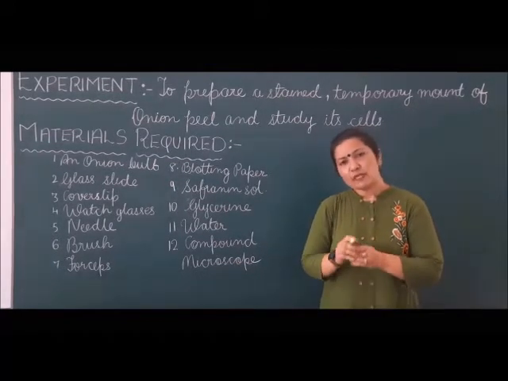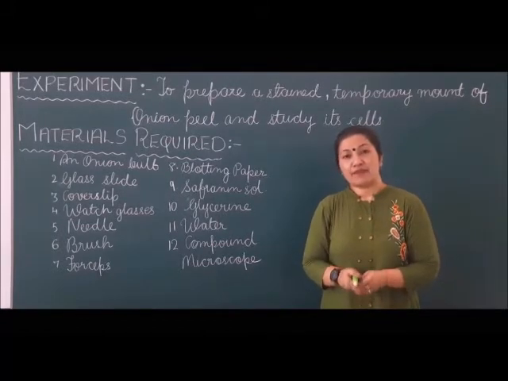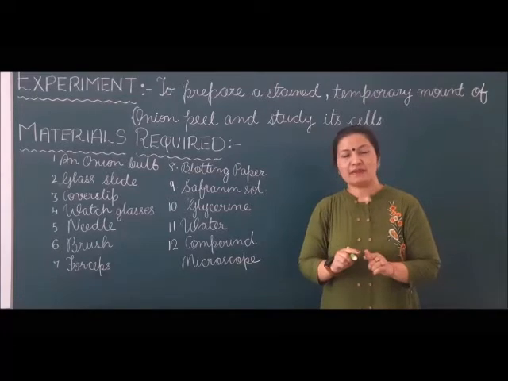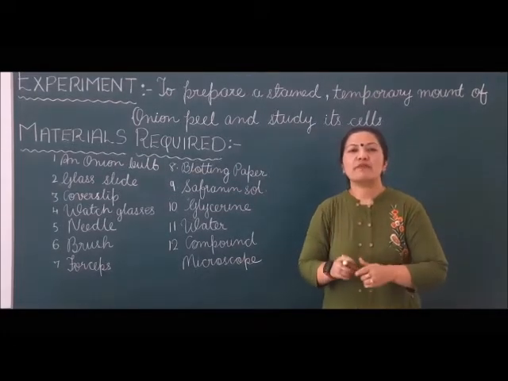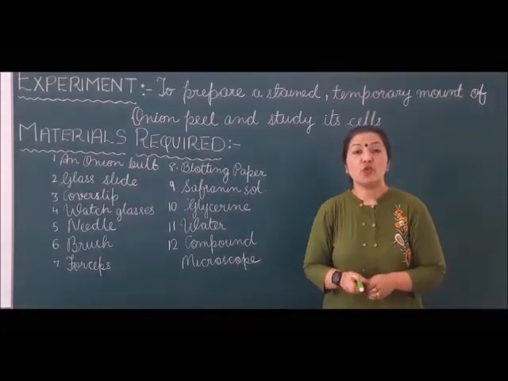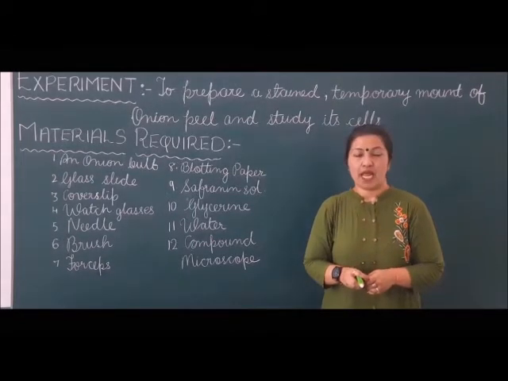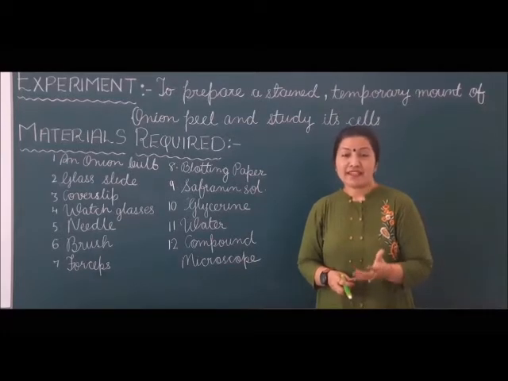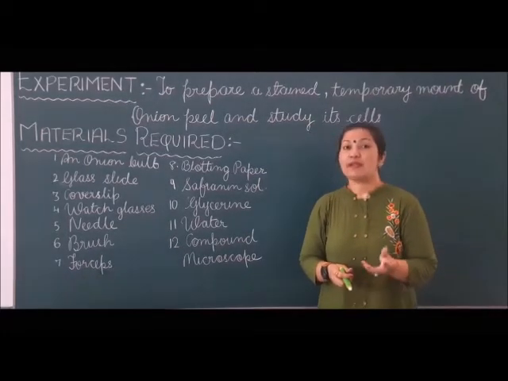But when we specifically talk about plant cells, then outside the plasma membrane or cell membrane, there is one more covering present, and that covering is known as the cell wall. Apart from the cell wall, a big central vacuole and chloroplasts are also present.